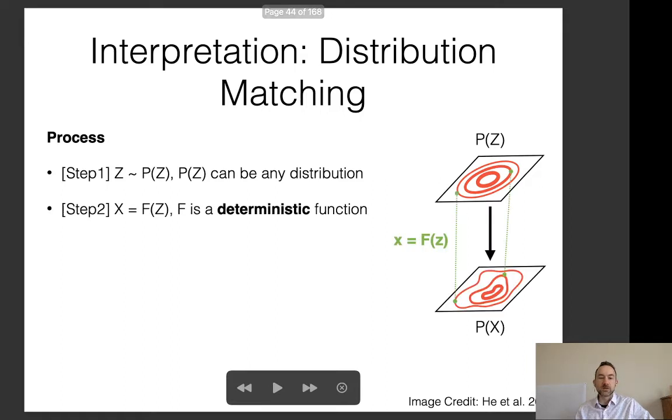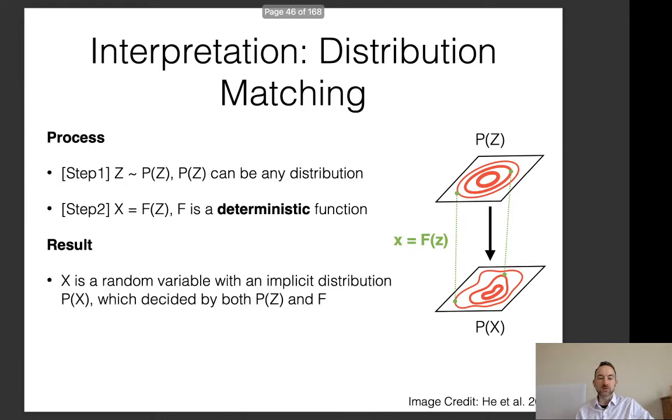And then we have a transformation from this P of z to P of x, where this can be any arbitrary deterministic function f that transforms between these two distributions. As a result, x is a random variable with an implicit distribution P of x, which is decided by both P of z and f.